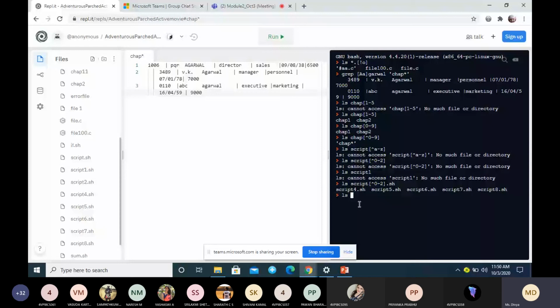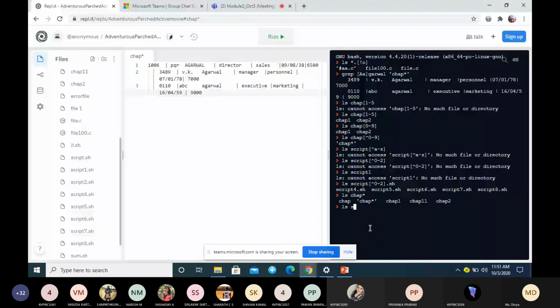Here, this we already saw, that is for matching the wildcard. Suppose I use it along with the pattern. I want to list the file, use it along with the grep command.